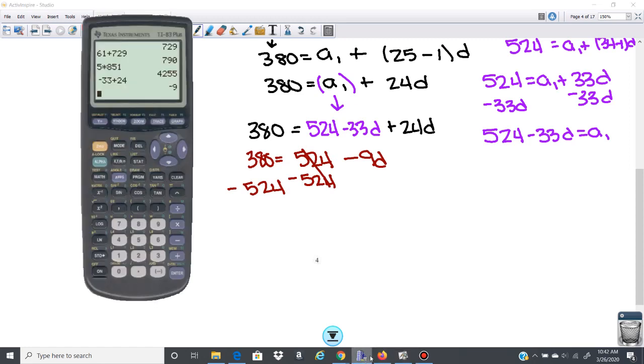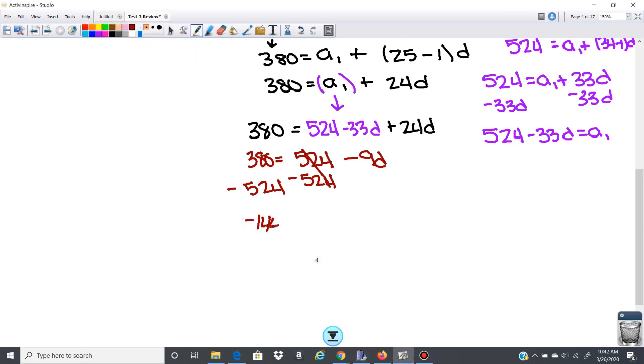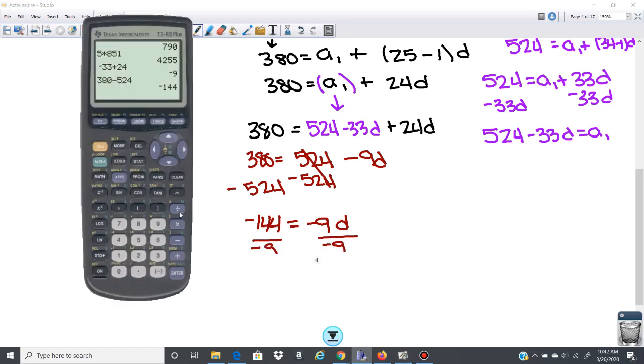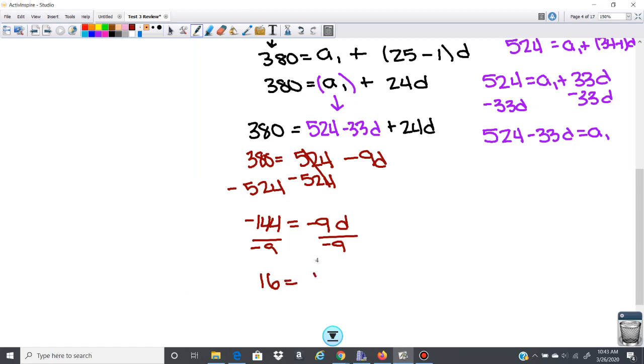I've got 380 minus 524, which gives me negative 144. Then divide by negative 9. Negative 144 divided by negative 9 gives us 16. So our common difference is 16.